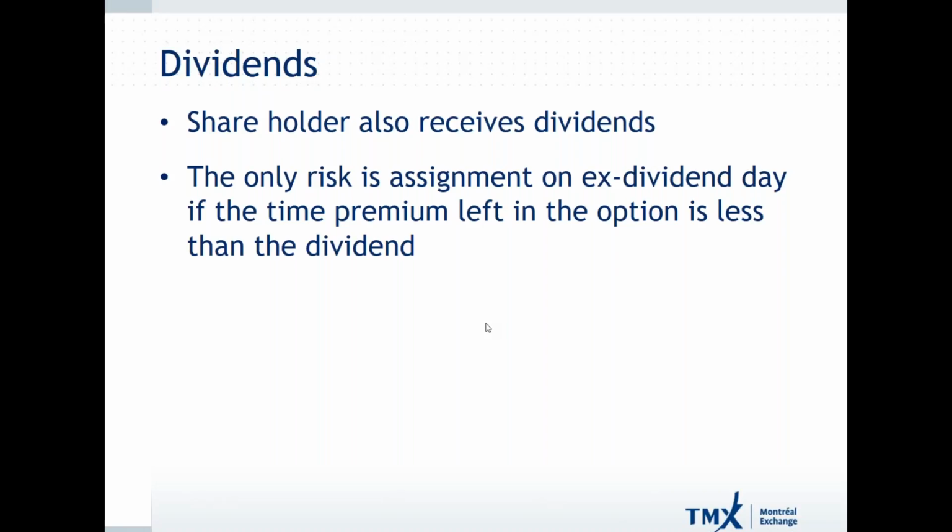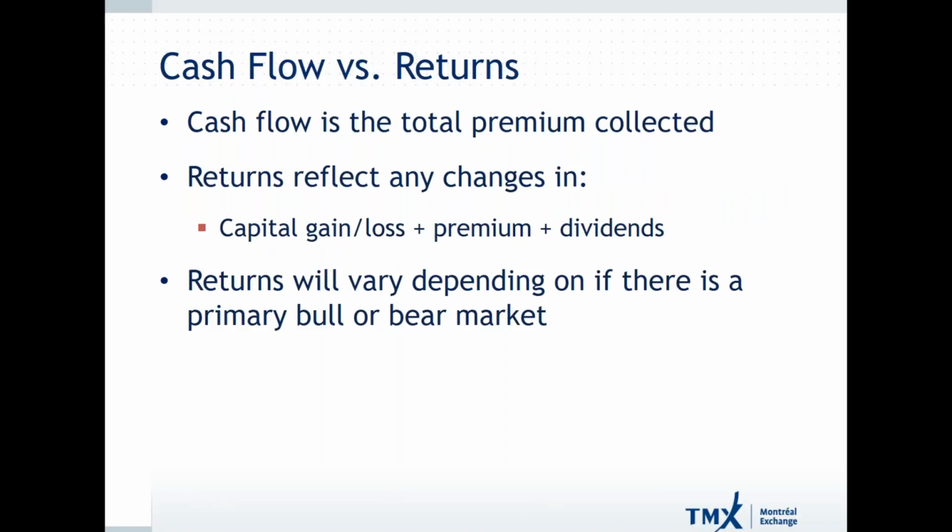To me, it's worth noting, but not something to lose sleep over. And if you're concerned about that, you can always roll the option contract up and out to another strike price and expiration month to avoid that as being an issue.